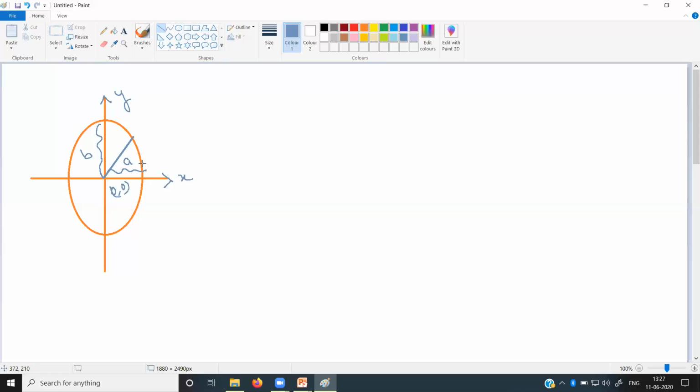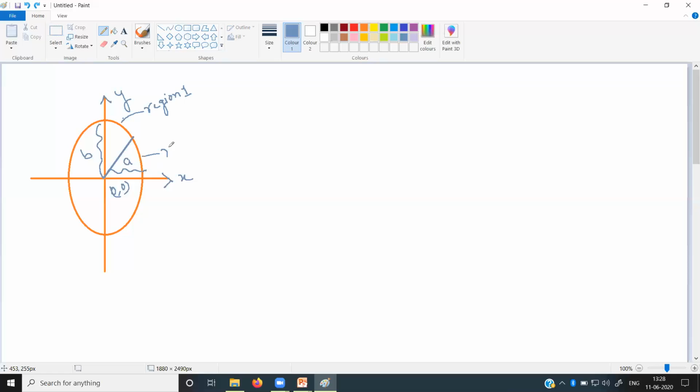The arc which belongs to quadrant 1, if I divide it by a line passing through the origin, in that case we will get two regions. This is called region 1 and this is called region 2.